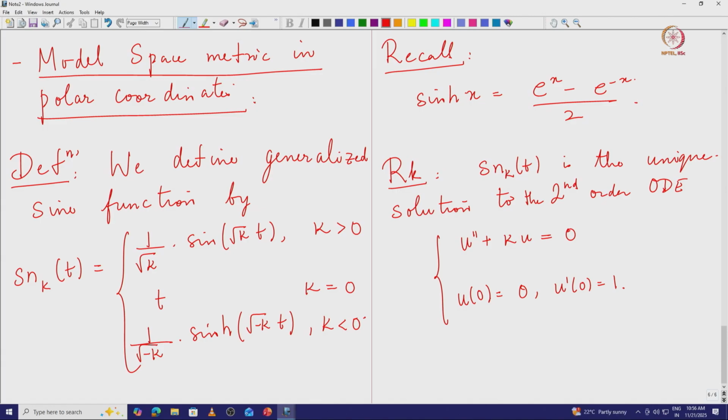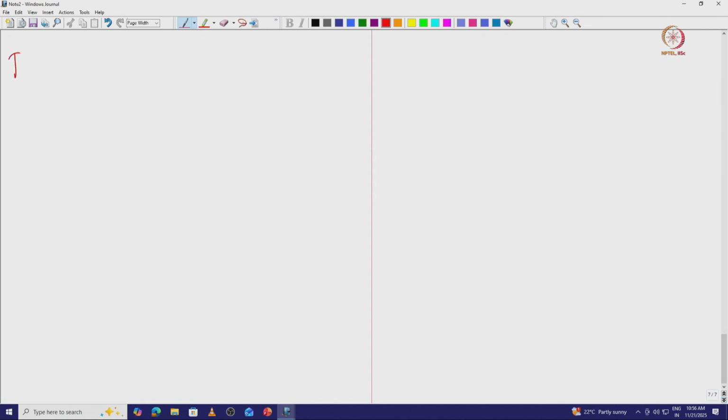Okay. Right. So, here is the main proposition that I want to establish. Let O kappa be some fixed point in M kappa, okay, and let R kappa be the distance function in this model space.